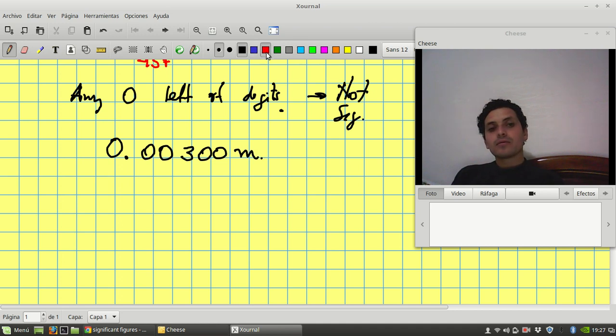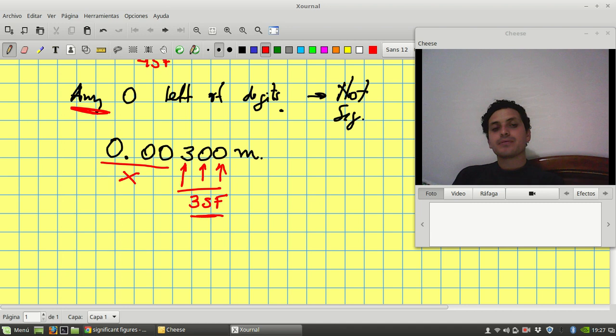The digit is significant, and the zeros to the right of a decimal place are significant. Maybe you say these two are significant because they are to the right, but this rule says any zero to the left of digits is not significant. So these three are not significant. We have three significant figures. This is the next rule.